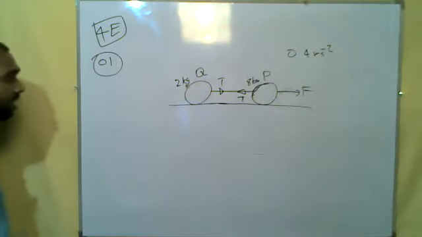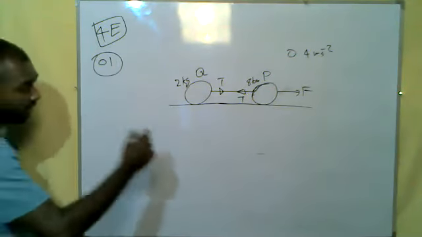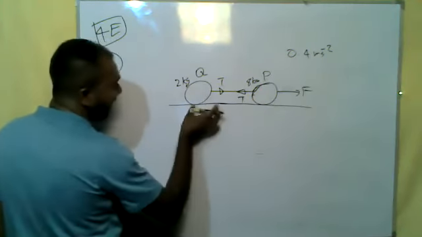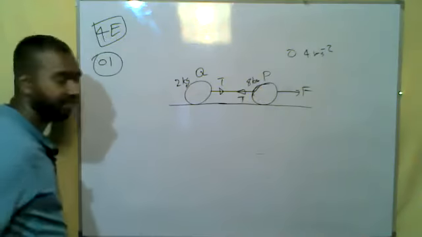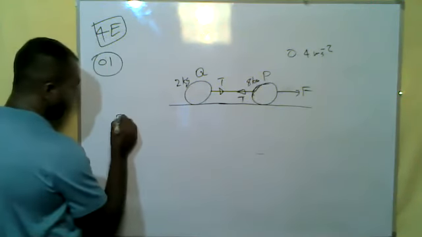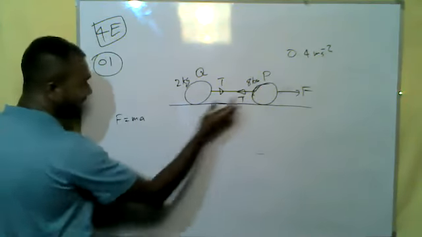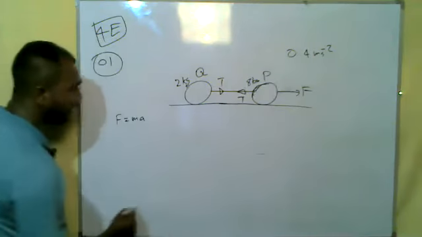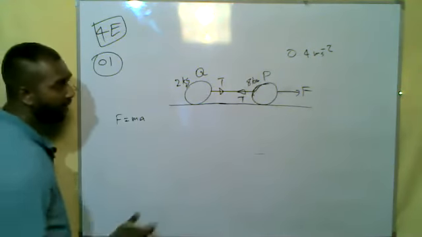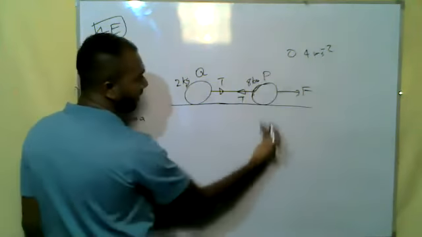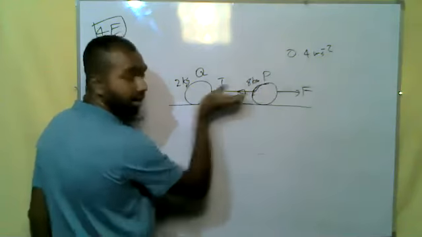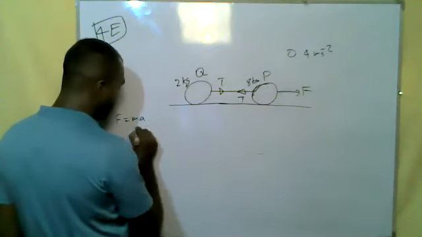Okay, first I will apply F equals ma to P and Q separately. For the object P, what are the forces acting upon it? We don't need to consider its weight and the reactive force, because we are considering the horizontal direction.